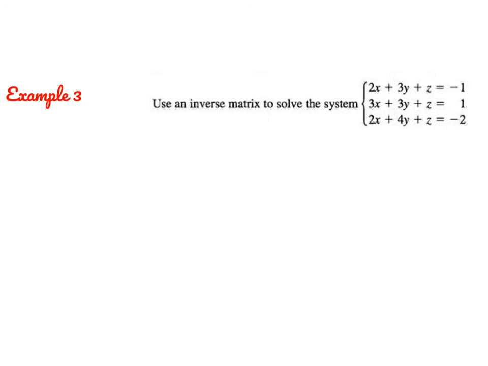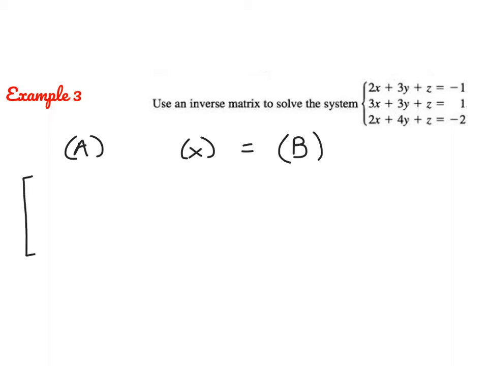So here, remember, the setup is slightly different than when we're doing Gaussian elimination. We're going to do a coefficient matrix times a variable matrix, and that's going to equal our constant matrix.